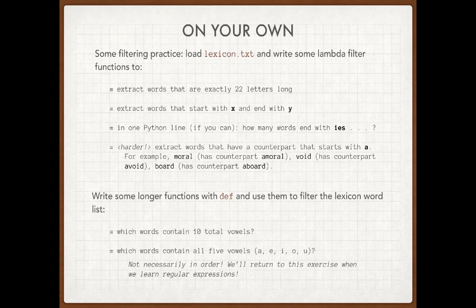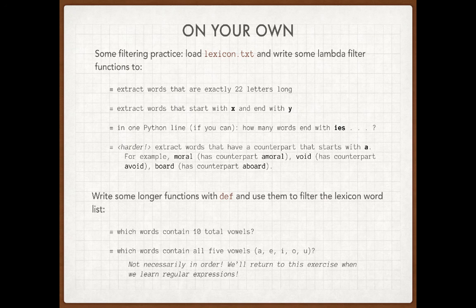Void is in the lexicon, but so is avoid. Board is in the lexicon, but so is aboard. So it seems complicated, but it's quite possible to write a very tiny lambda function that allows you to do that.